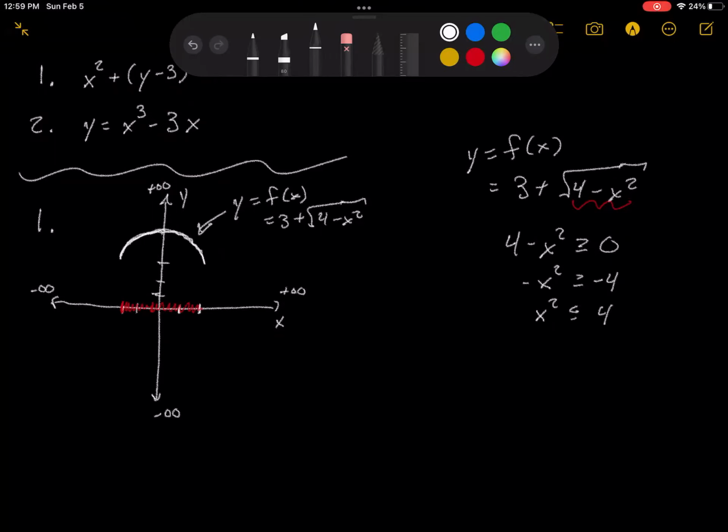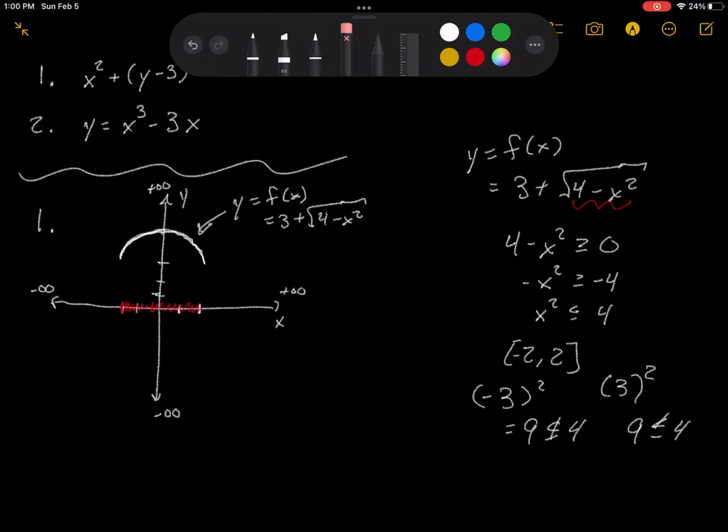Now, if x squared is less than or equal to 4, that means x has to be trapped in between -2 and 2, right? Because if I look at -3, that squared gives me a 9, and that's not less than or equal to 4. If I look at +3, then that gives me a 9, which is not less than or equal to 4, right?